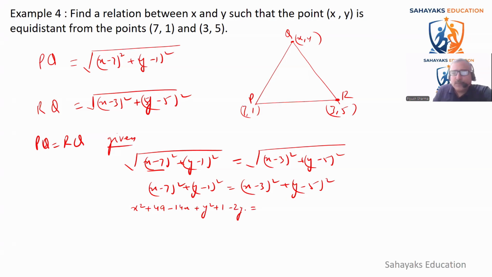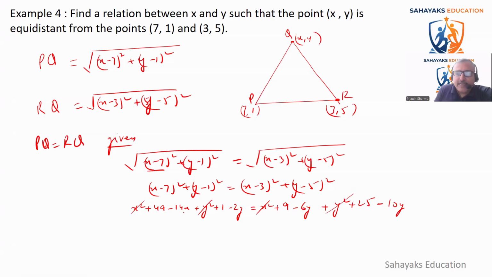And that is equal to here x square plus 9 minus 6x plus (y minus 5) whole square is y square plus 25 minus 10y. Now x square will cancel out from x square. Y square will cancel out from y square, because if I take it on the other side, it will become negative and it will cancel out.